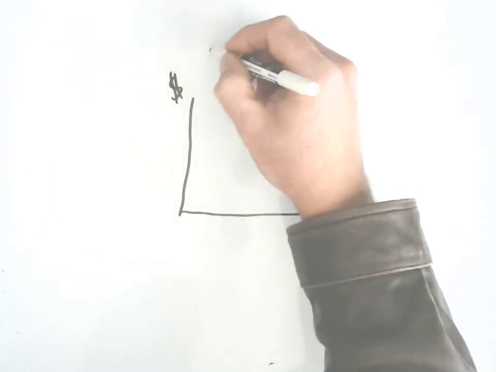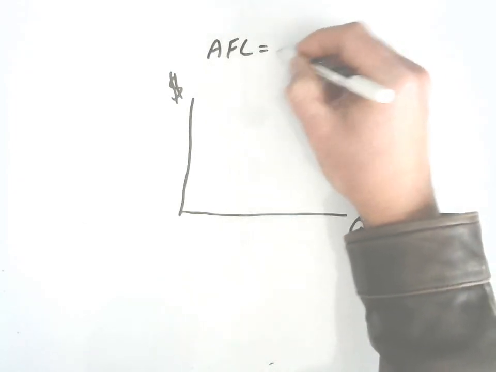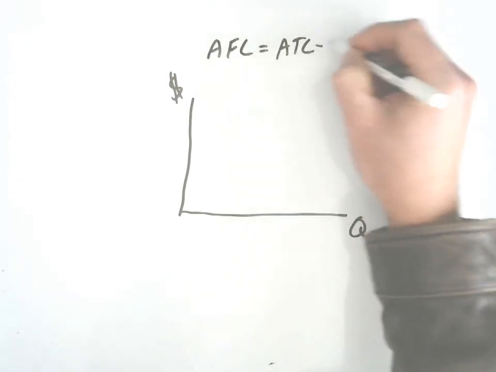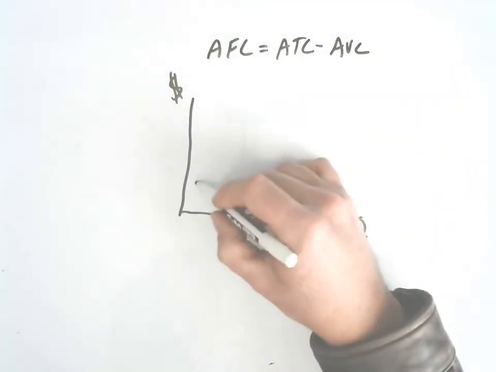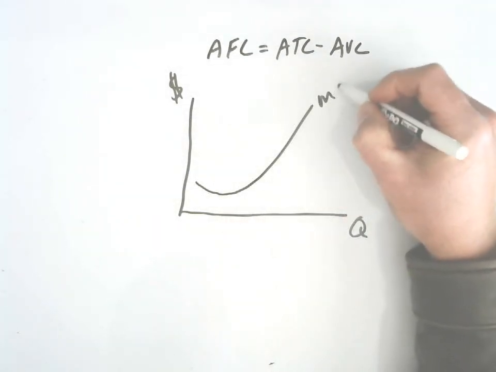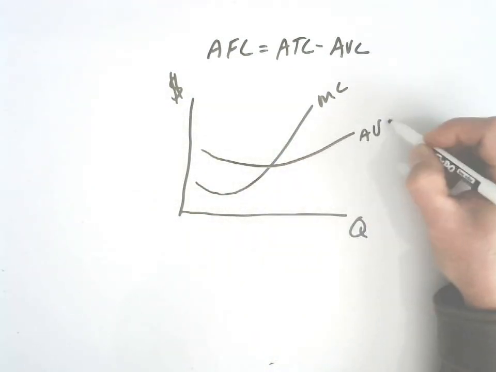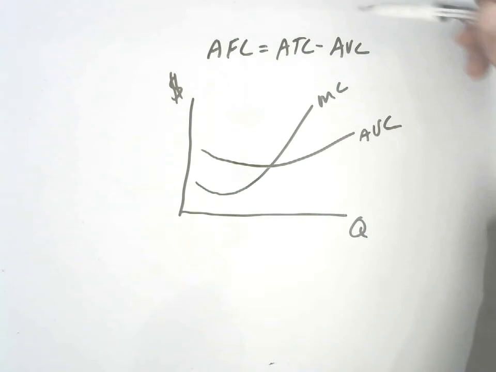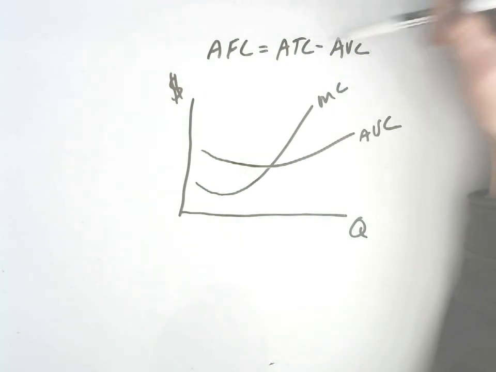Again, let me rewrite that. Average fixed cost equals average total cost minus average variable cost. We've got our marginal cost function. We've got our average variable cost function. We need an average total cost function. Then the difference between the two functions is average fixed cost.